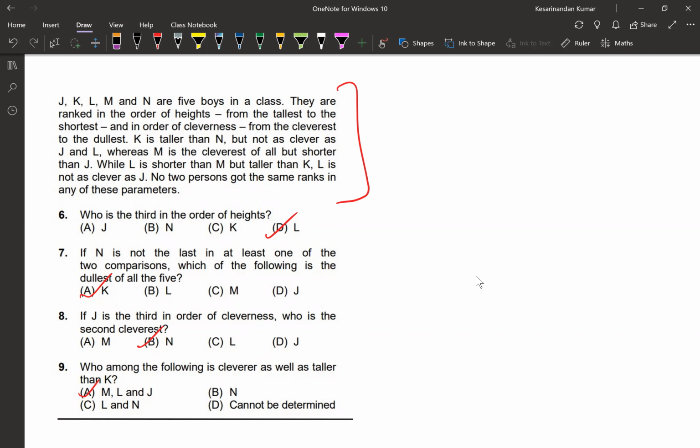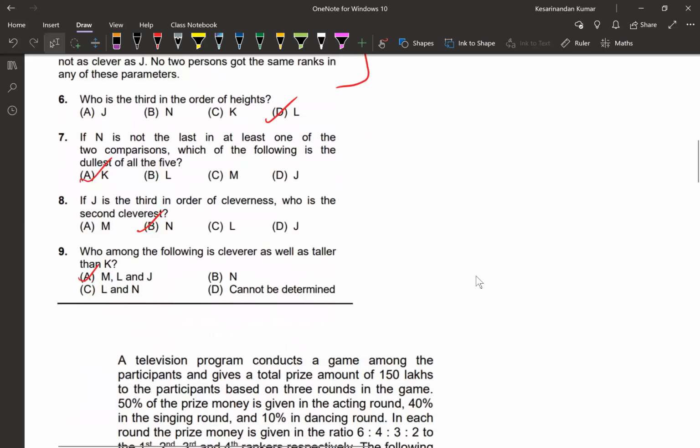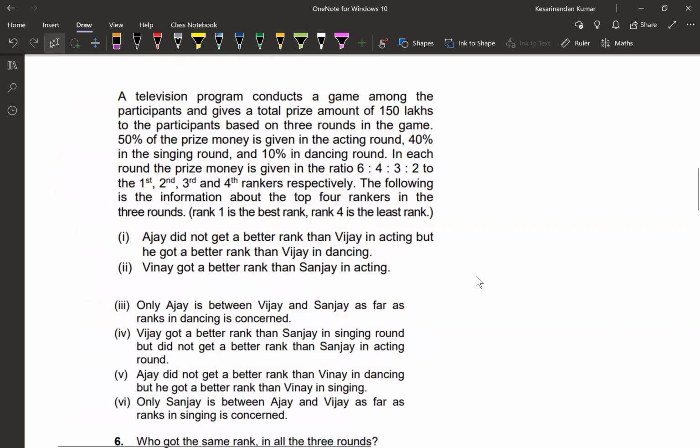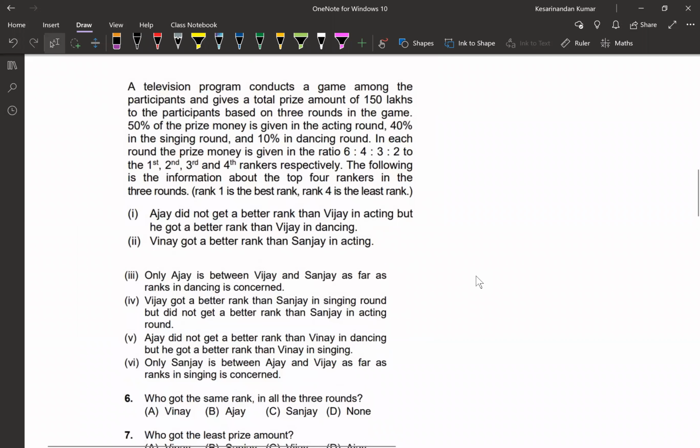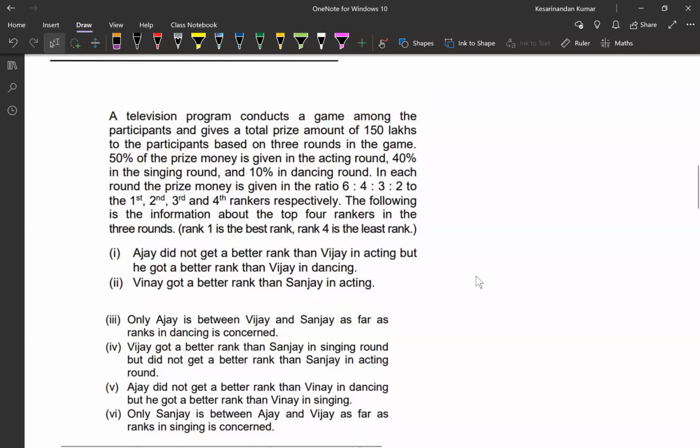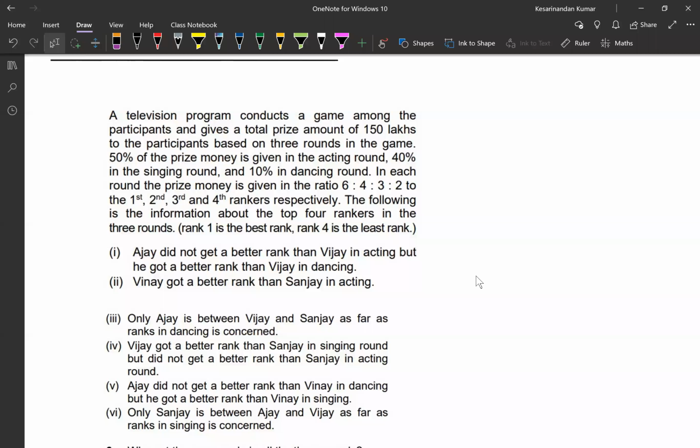Okay. So if everyone has answered, I'll move to the next set then. The next one is slightly bigger. I would say first read the question. This is slightly on the moderate side, guys, because it is a little data intensive. The number of ways the questions are asked can be anything.